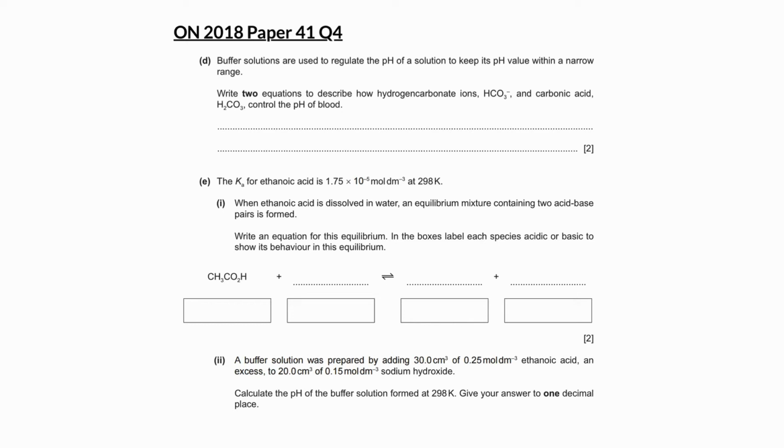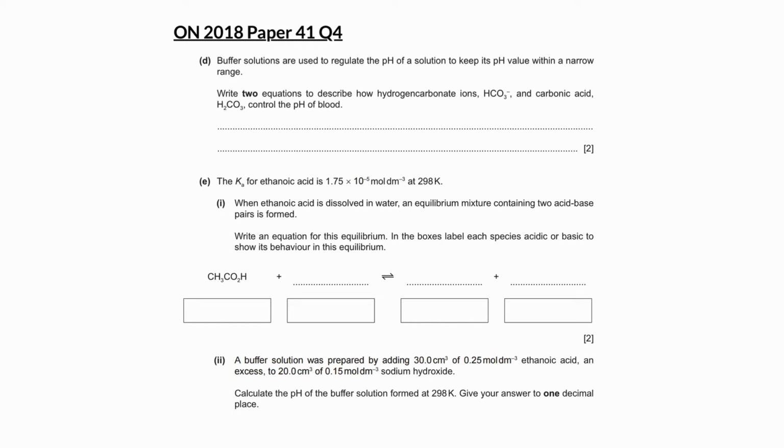The question requires us to make use of two equations to describe how hydrogen carbonate ions and carbonic acid control the pH of blood. There will be 2 marks for this question, 1 mark for each equation.